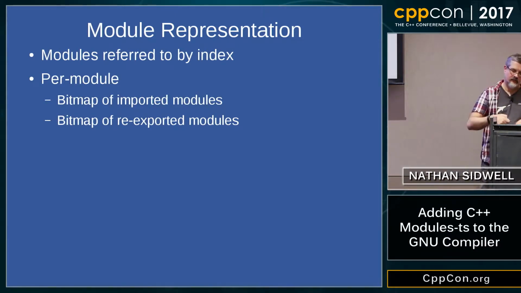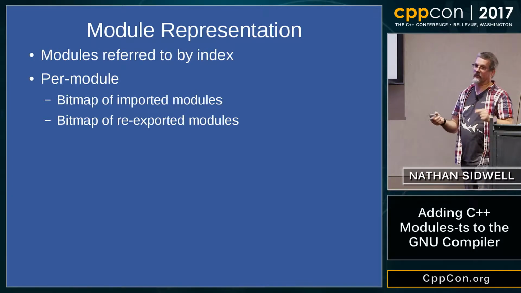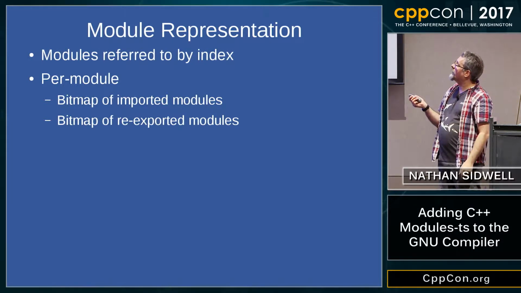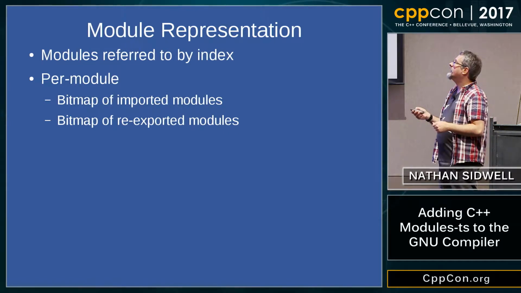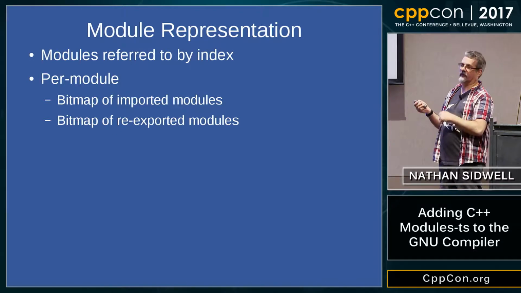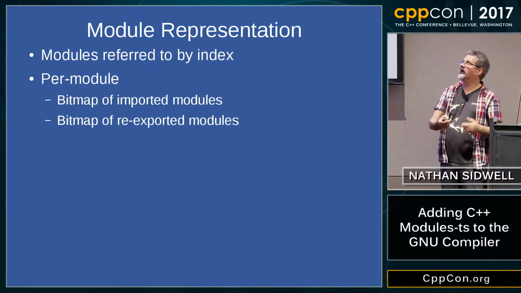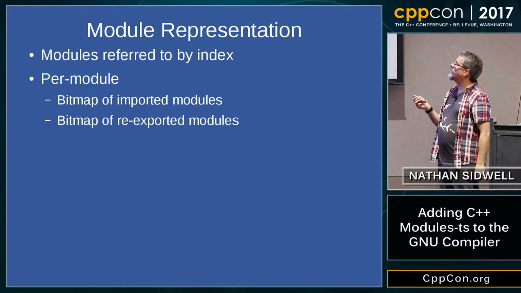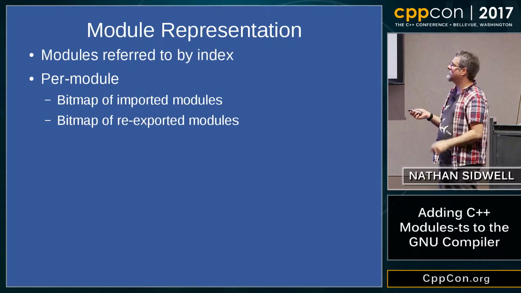And per module, we have a bitmap of the things that this module imported, and another bitmap of the things that this module is re-exporting. And when I'm doing lookup, I need to look at this imported map to know which symbols are visible in this namespace in this module. And this is the thing that when something imports this module, it gets this whole bitmap of stuff added into it. And for simplicity, modules import and export themselves.